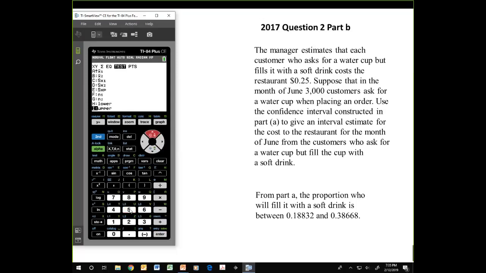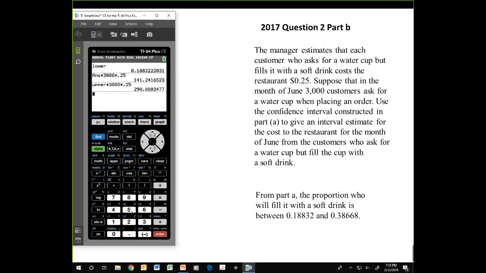There we go. And we're going to pick the upper, and I won't show you. It's going to be the same number as 0.38668. But again, multiply that times 3,000, and then multiply that times 25 cents, and we end up with about a $290 loss.